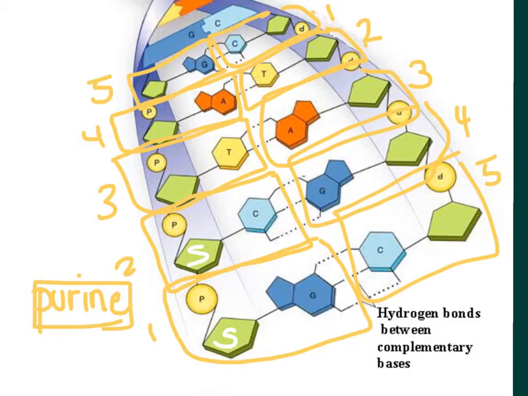Which letter? DNA. 2 rings wide. Here's 1. Here's 2. So adenine is a purine because it has 2 rings in its chemical structure. Is there another purine? Guanine is also a purine. Now, is that the same for every example or just for this picture? Every example. So guanine and adenine will always be 2 rings and they will always be purines.